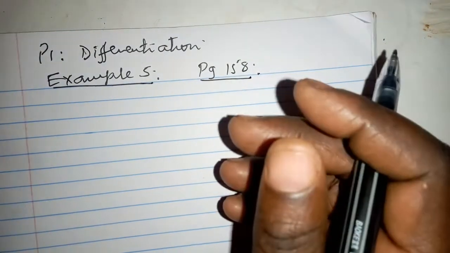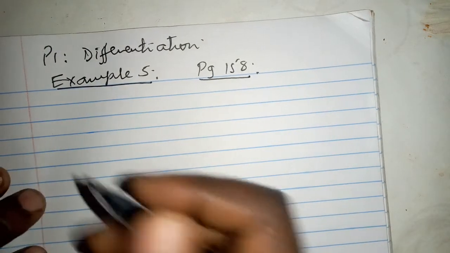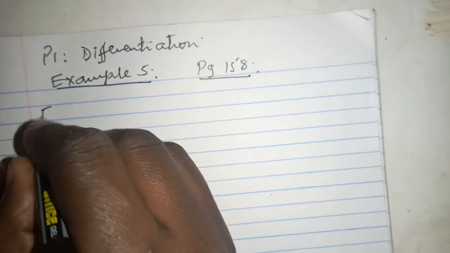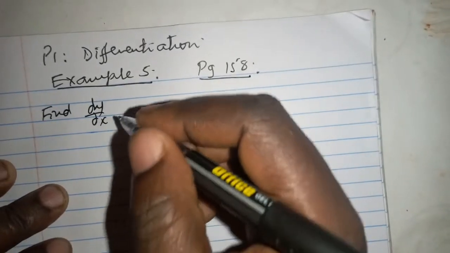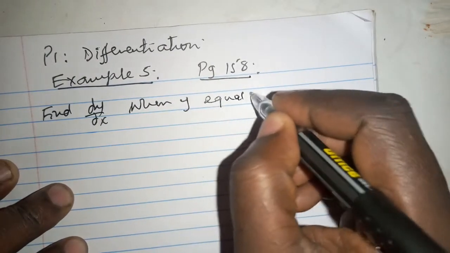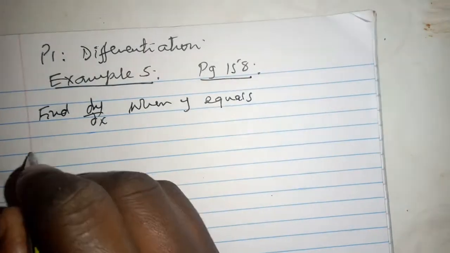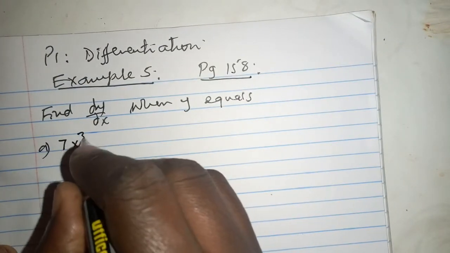We need to first of all remember what the basic differential is all about, because we are told to find dy dx, or rather the gradient, when y equals, part a, 7x cubed.